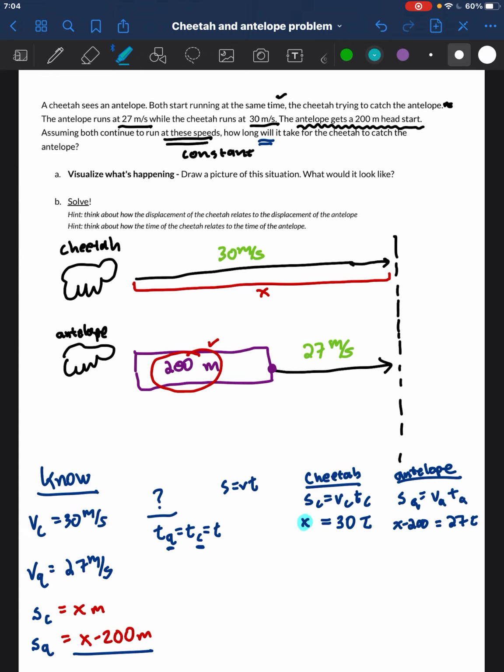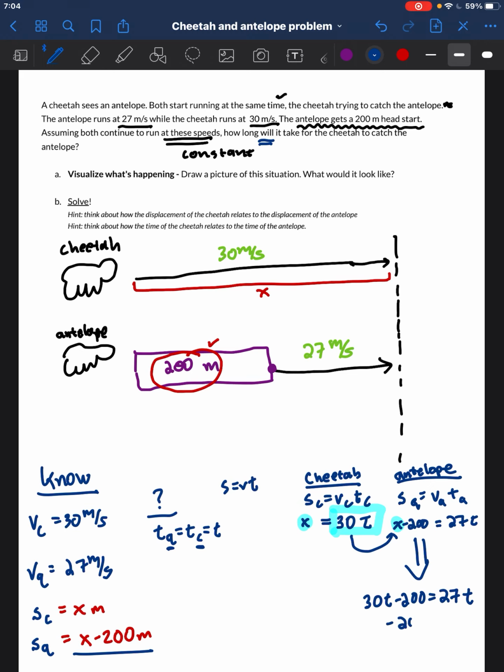We notice that x is equal to 30t. And I notice that in my second equation, I have an x. So why don't we just plug in this 30t where I had x, because x and 30t are equal to each other. So my next step here can just simply be 30t minus 200 equals 27t.